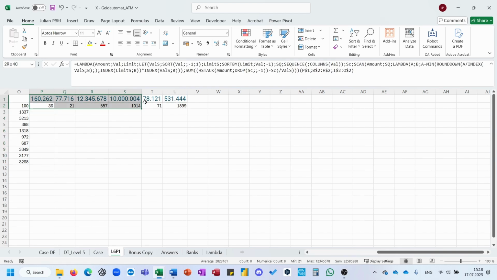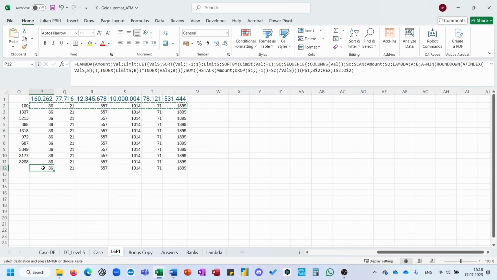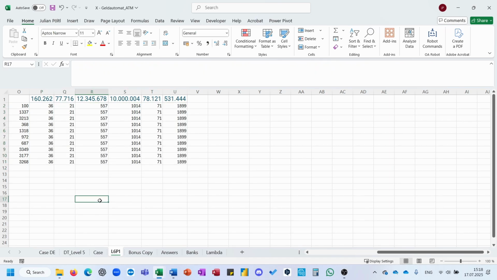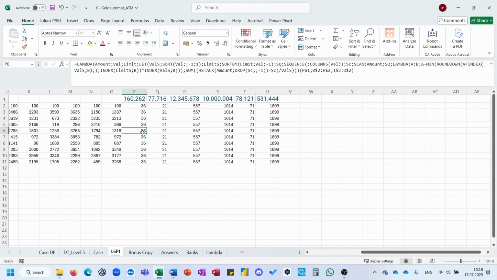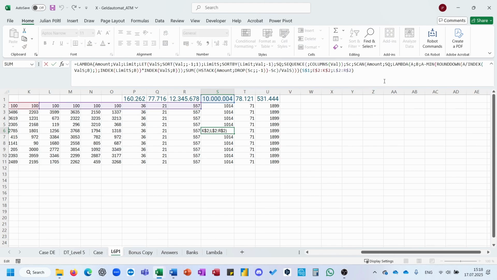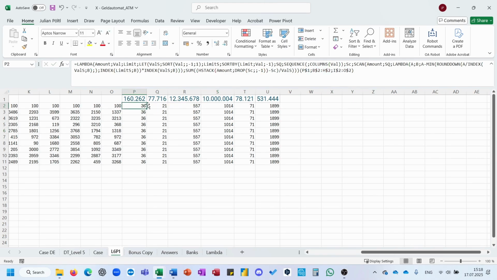Okay, let's calculate. Why are you not calculating? Because I have fixed the rows where I wanted to fix the columns.